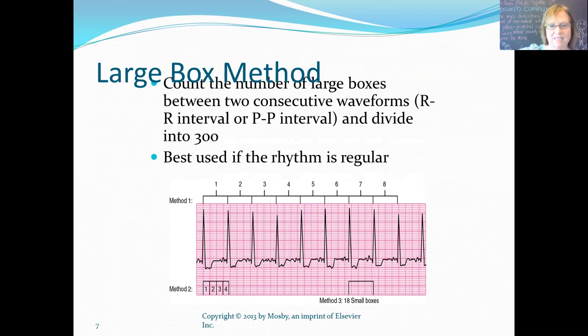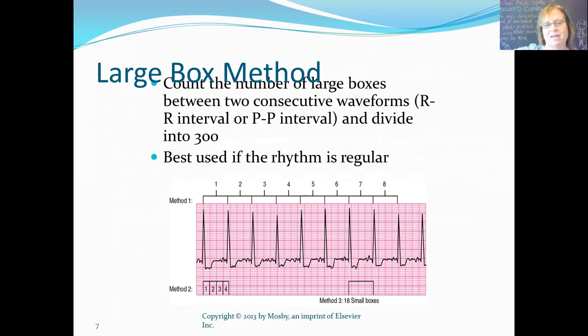It's easiest if you start on one that's right on a thick line. So if you look at the first, second, third, the fourth complex, you see how that R wave is just about right on that heavier line. Then we count the number of big boxes, those large boxes, from that complex to the next complex, and that's going to give you the rate if we divide it into 300.